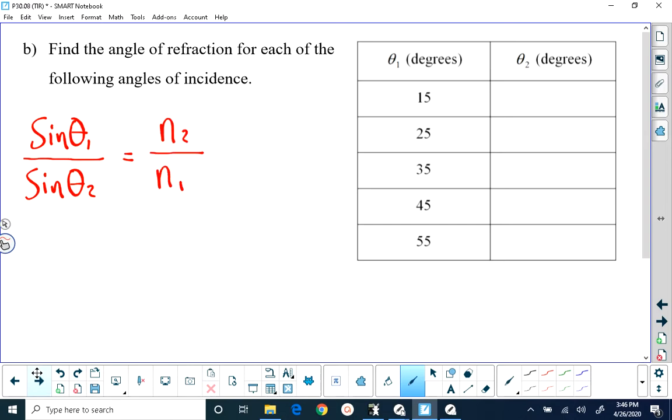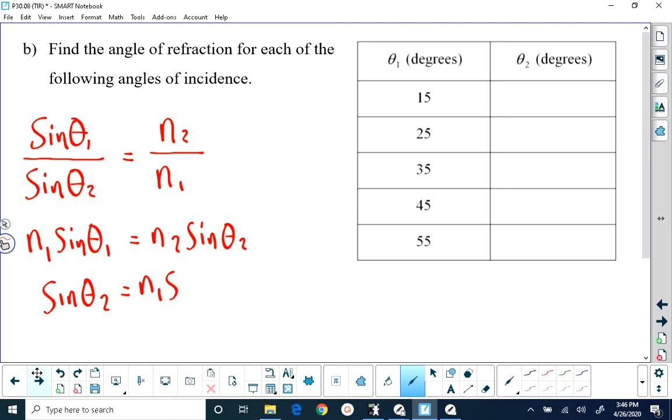If I cross multiply, I get N1 sine theta 1 equals N2 sine theta 2, which means that sine of theta 2 is equal to N1 sine of theta 1 over N2. And we can go even further with that.